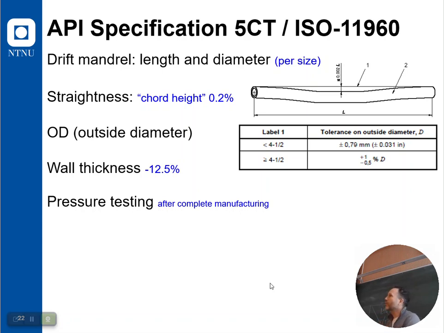Yes, you guys need to. Why? Because the industry uses this calculation from Barlow that says 12.5% or 0.875 as a factor in front of the burst calculation, right?